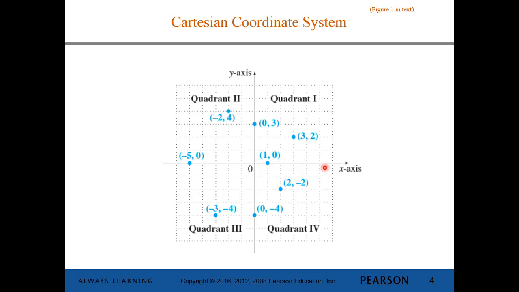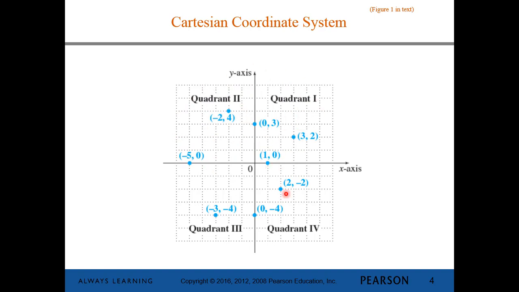So anything to the right of the y-axis and above the x-axis is positive. Anything above the x-axis is positive, so everything up here would have a positive y value.